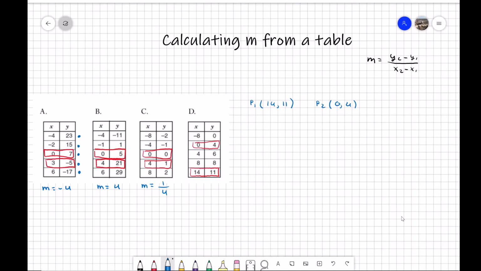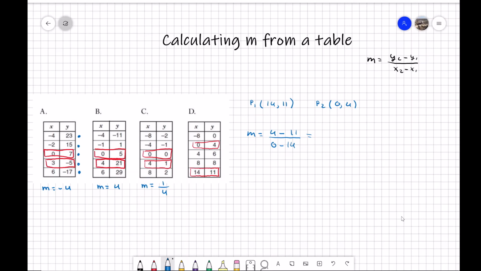I'm doing this because I want to show you that it doesn't matter the order. So I said 14,11 and 0,4. Again, we just apply the formula, which is y2, which is 4, minus y1, which is 11, divided by x2, which is 0, minus x1, which is 14.